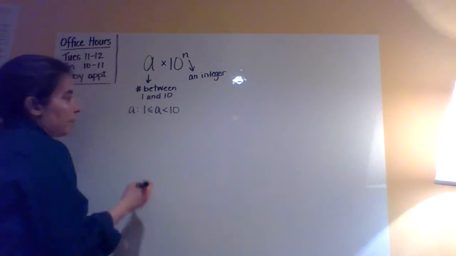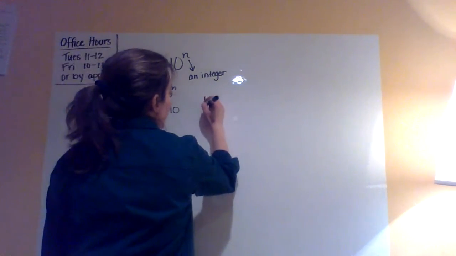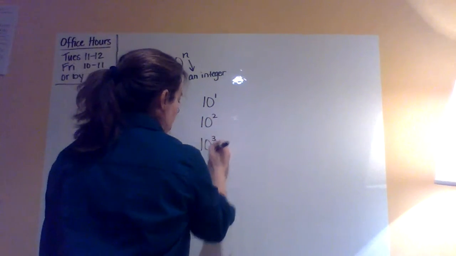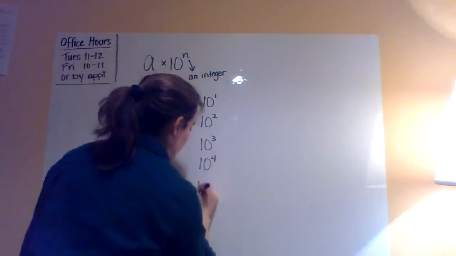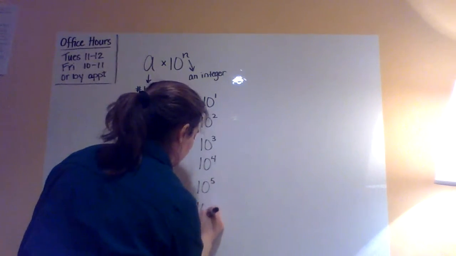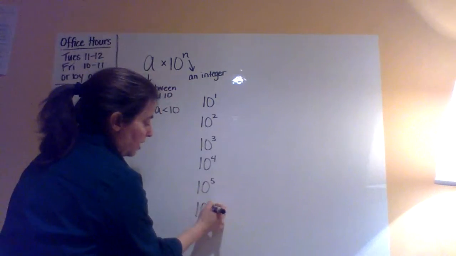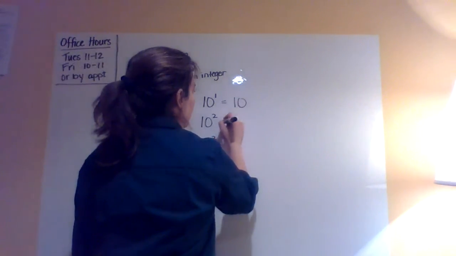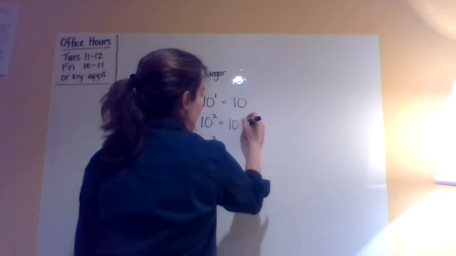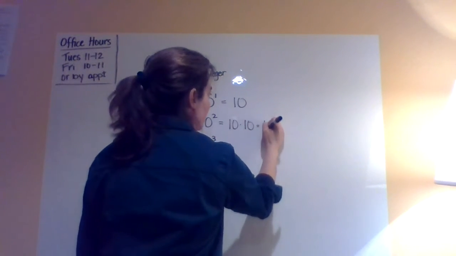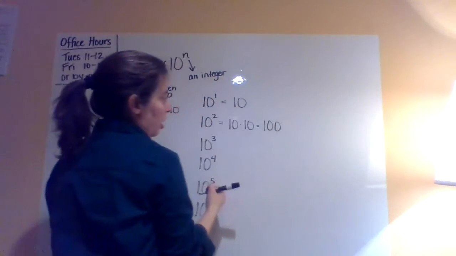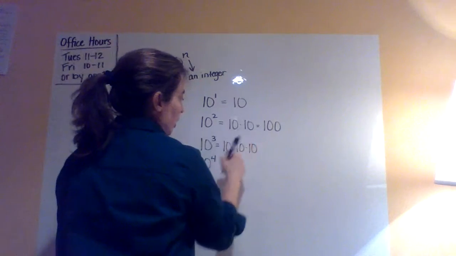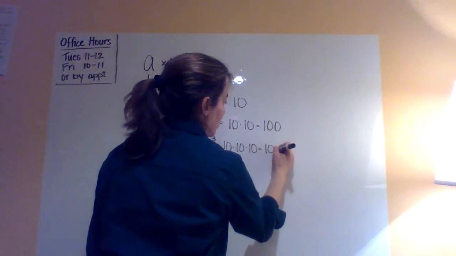Okay, so let's think about some powers of 10 first. We're going to think about 10 to the first all the way up to 10 to the sixth. So 10 to the first is just 10. 10 to the second, we know that means 10 times 10. 10 multiplied by itself 2 times is going to be 100. 10 to the third multiplies by 10 again, which is 1,000.